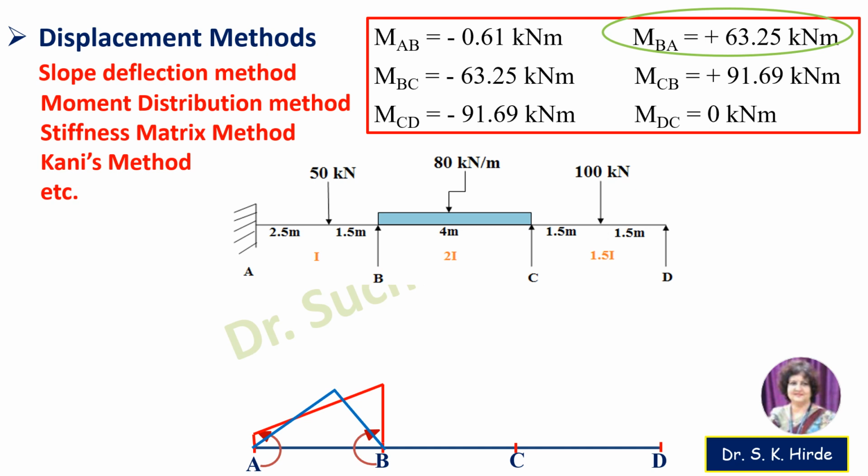For this, the standard formula is PAB by L or WAB by L. So W is 50, a is 2.5, b is 1.5, so 50 into 2.5 into 1.5 by L, and L is 4 meter. If you calculate, you will get 46.875. So the maximum ordinate of this blue diagram is 46.875. You go span by span and complete the diagram of that span.